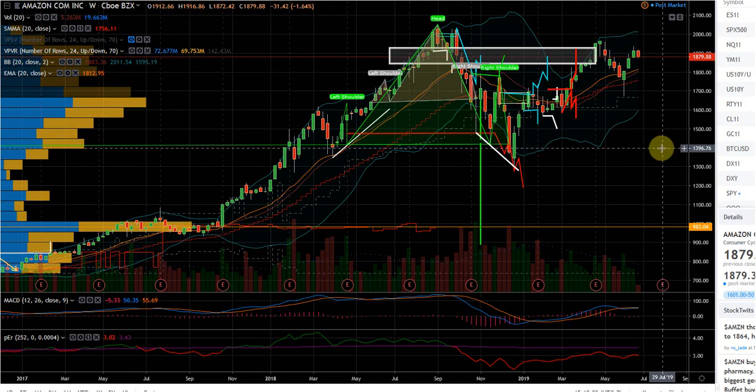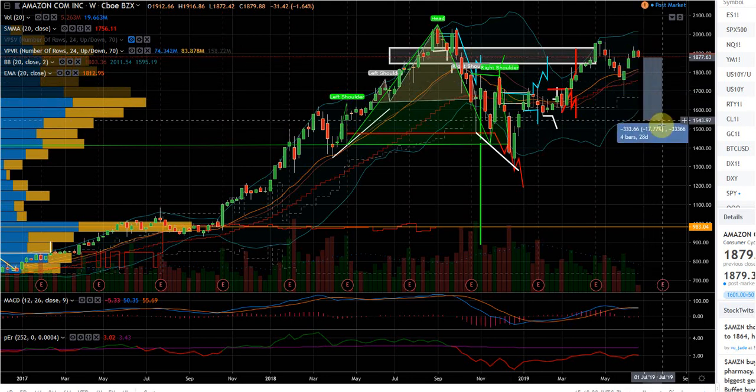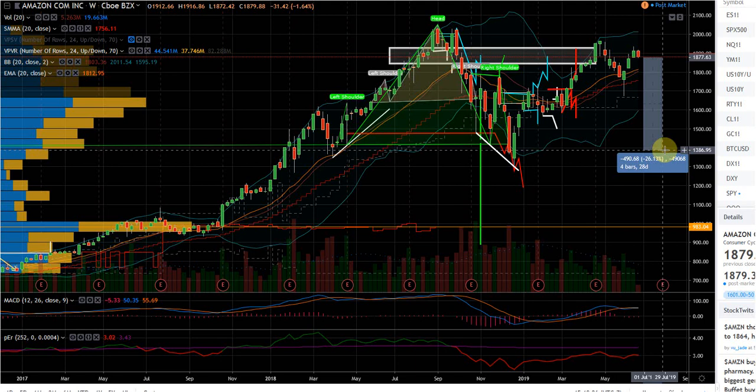I can collect $8 per share, $800 per contract I sell. So it goes into my account. If I do 10 contracts, that's $8,000 that goes into my account. But if Amazon falls through 1,400, my penalty is to have to buy it at 1,400. That means it can fall 26% from the current price before I start getting in trouble, and my break-even point is $8 lower because I collected $8 to open it.